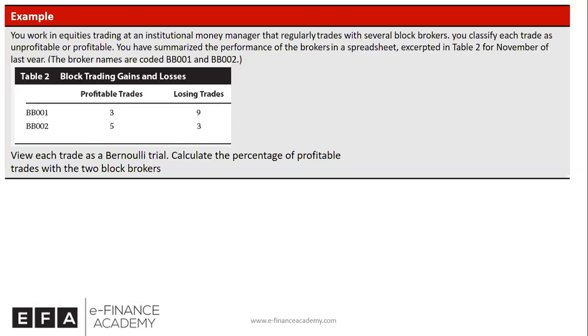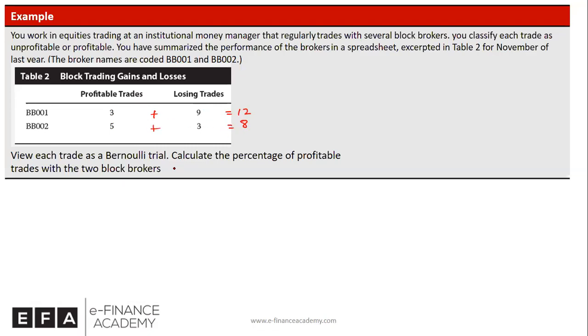You've been given table 2, and there are two brokers here, broker BB001 and BB002, and the trades for both the brokers have been classified as profitable or losing. So we don't need to worry about how that has been done. But if you pay attention to broker BB001, the total number of trades is 3 plus 9, which amounts to around 12 trades, and 5 plus 3, which amounts to around 8 trades, right?